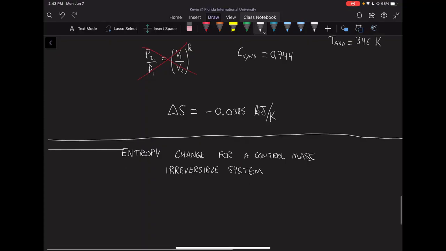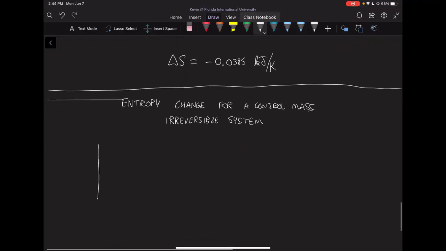Okay, so let's say we have a PV diagram and we have, as usual, a process A that goes from 1 to 2 that is reversible.